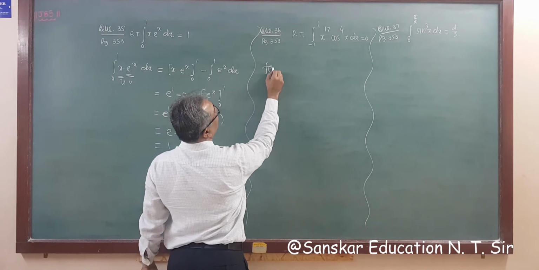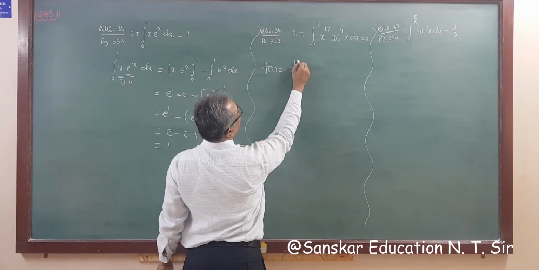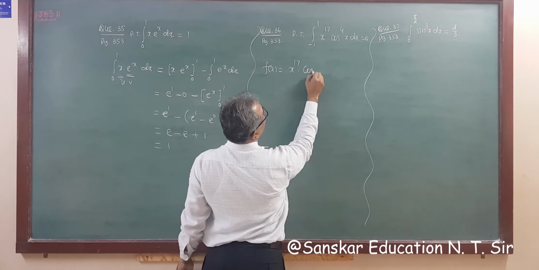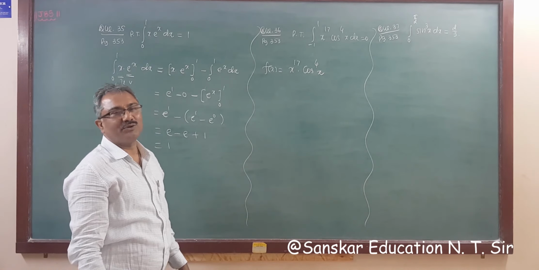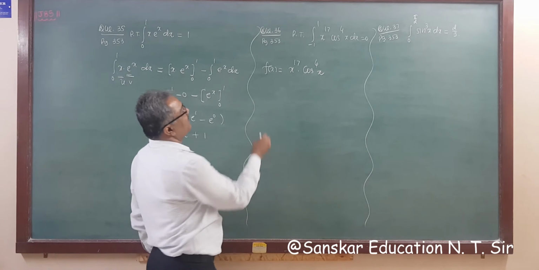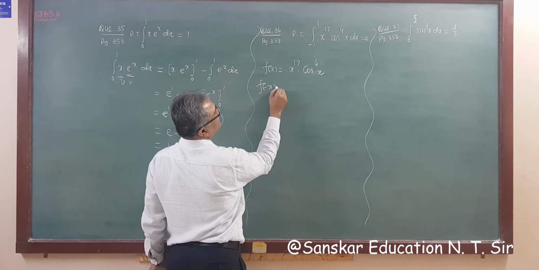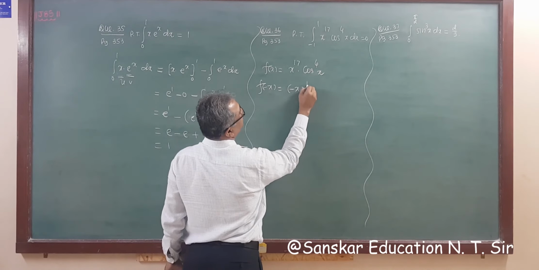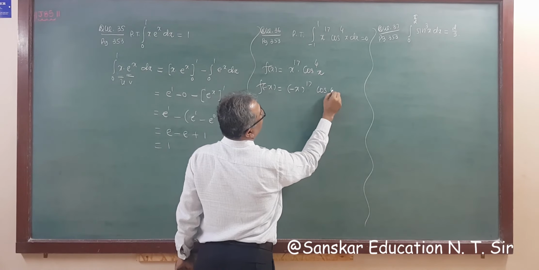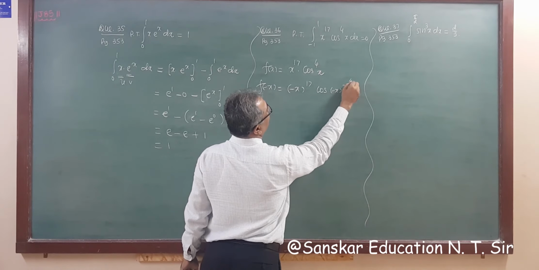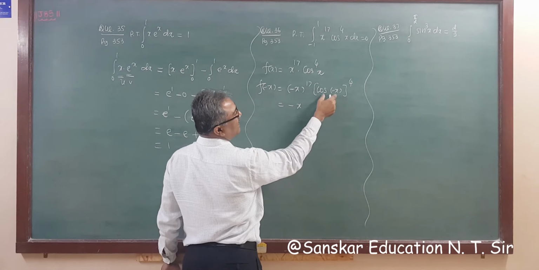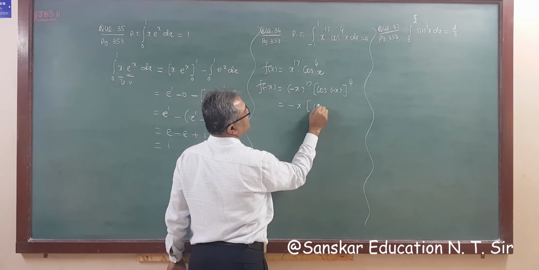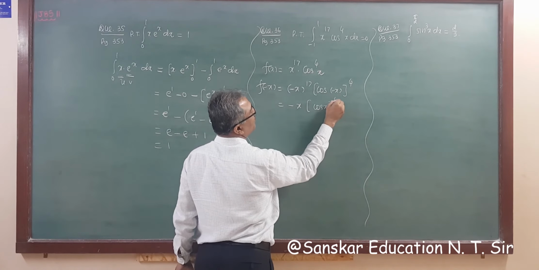So we are taking f(x) equal to x raised to 17 times cos raised to 4x. If we have to prove it, we need to show the method, because this is not an MCQ question. So taking x equal to minus x, this is (minus x) raised to 17 times cos(minus x) whole to the power 4. This is minus x, and cos is an even function, so the answer is cos x raised to 4.